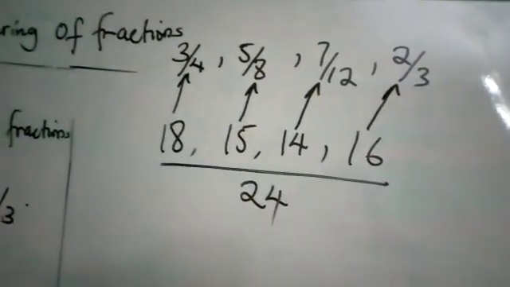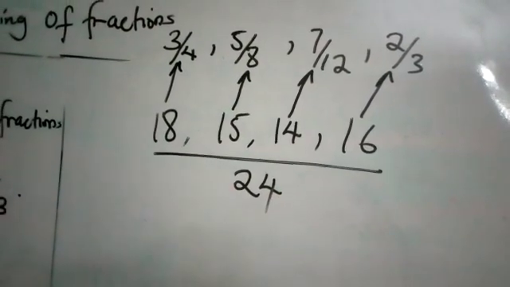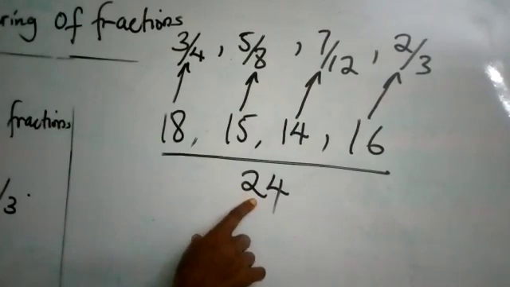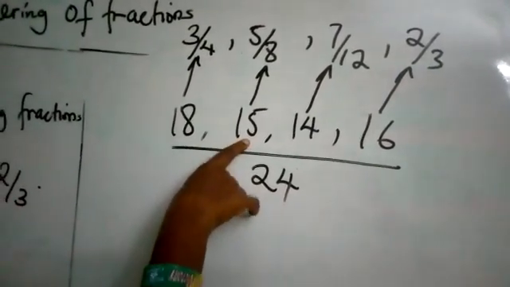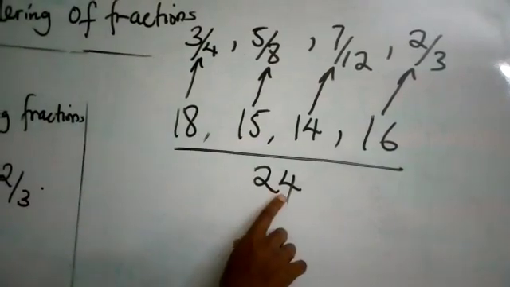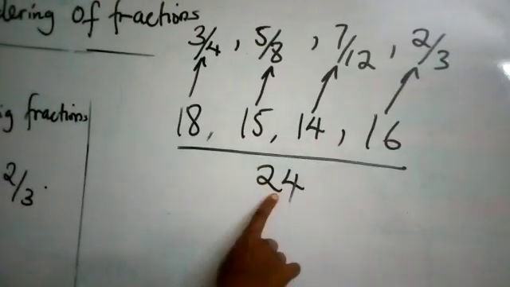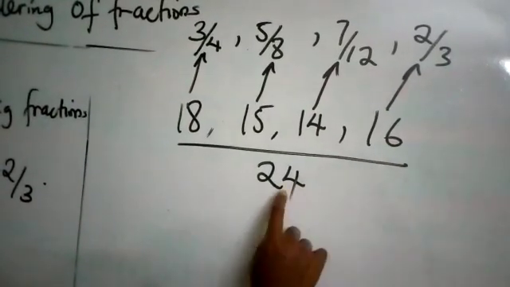Now because we now have a common denominator, we can now compare them. The first one is 18/24. The second one is 15/24. The third one is 14/24. And the last one is 16/24.